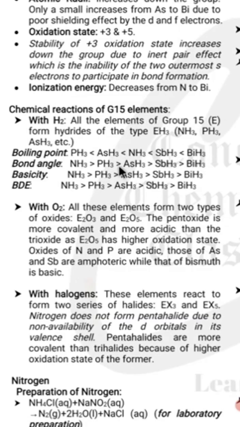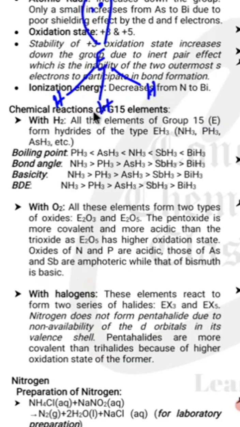These are the hydrides formed by combining with hydrogen. So in these hydrides, they have this general structure. Let me draw the general structure. This is E, and they have this geometry, and this E, the central atom, has a lone pair of electrons.